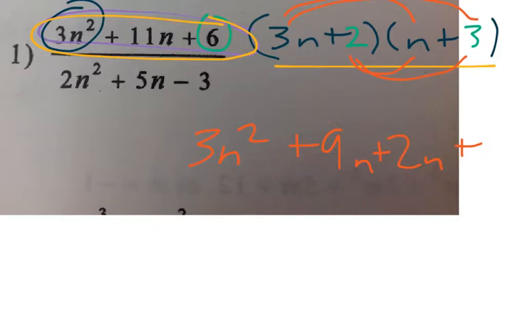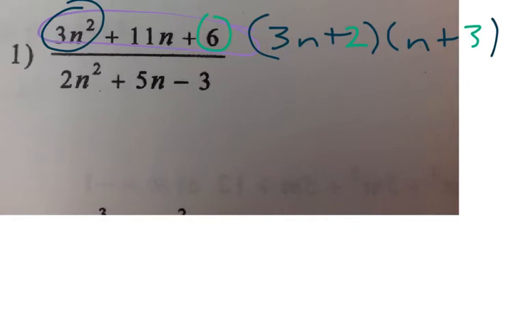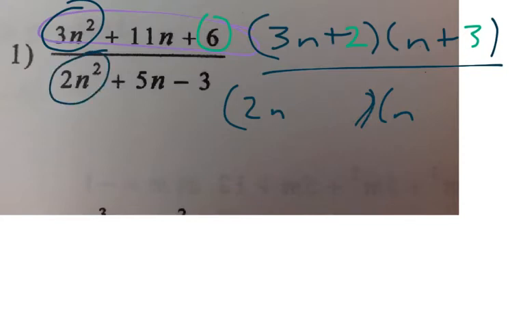Okay, so I'm just going to back up here so my work doesn't look as messy as it possibly could. Alright, so now that hopefully you agree I factored the top accurately, the bottom, I know 2n times n is going to give me 2n squared.